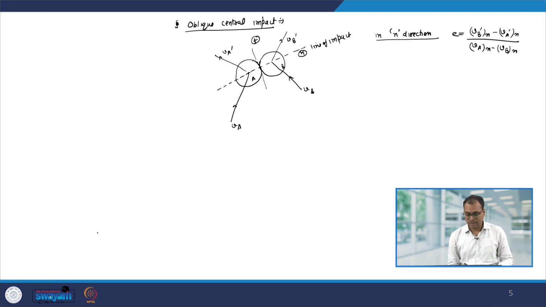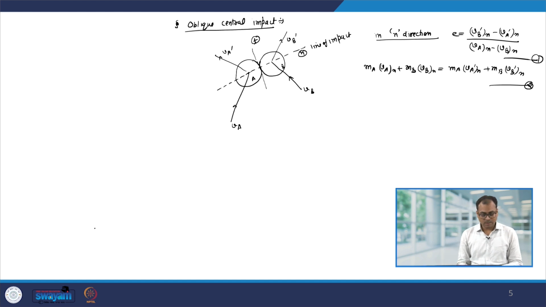So, this is the same case as before, m A V A N plus m B V B N equal to m A V A prime N plus m B V B prime N.